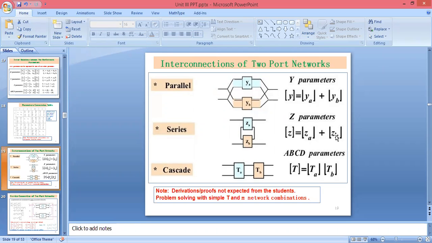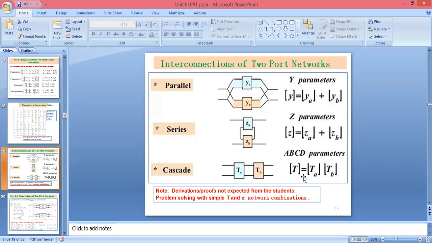And ABCD parameter, we have already seen about ABCD. We can call ABCD a chain parameter. Chain means what? We can make a cascade. We can connect one by one, we can connect lots of them. So we can call this ABCD parameter a cascade parameter.